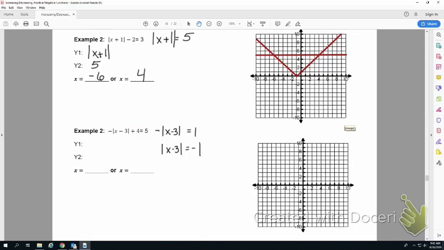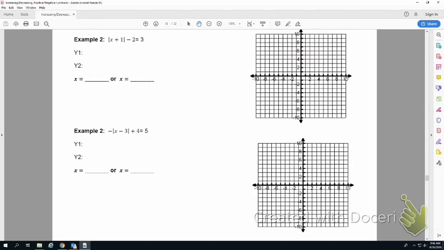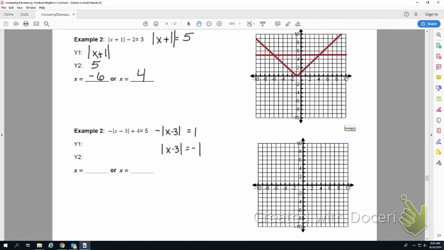If you think you did it wrong after you graph it, then you probably did it right. So whenever you graph this one, x minus 3, that's going to go to the right 3. That's not right. There we go.